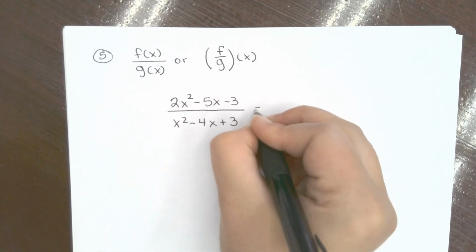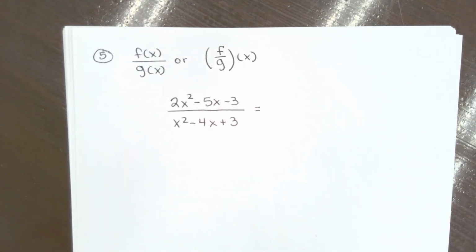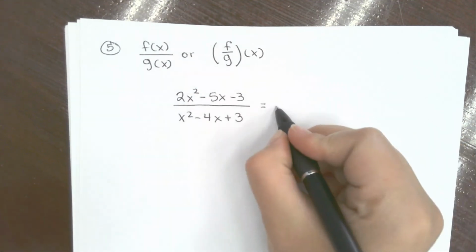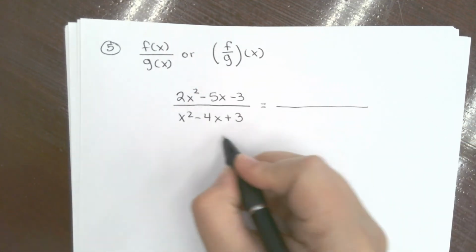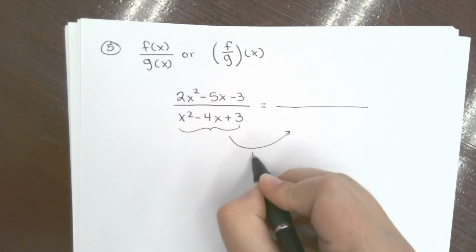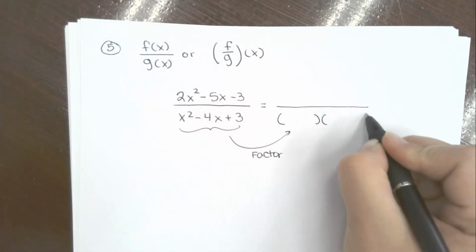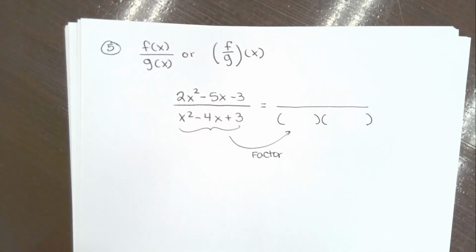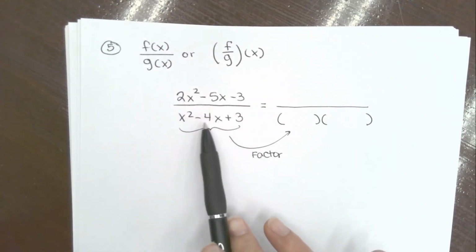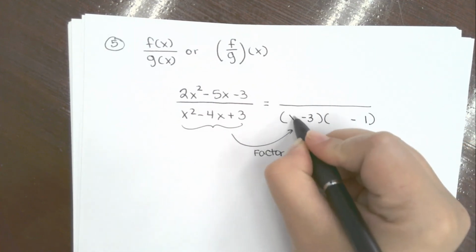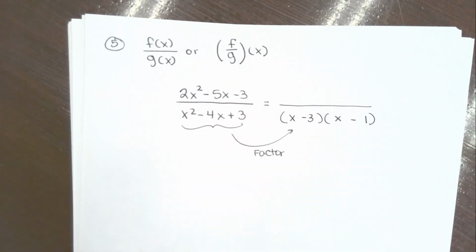Now, the whole point of dividing these trinomials is to see if things can simplify. So I'm going to do the denominator first. We're going to factor. So we have these two bubbles, and we have a 3, we have a 1, both of them are going to be negative, so we have x minus 3, x minus 1 as our factors.